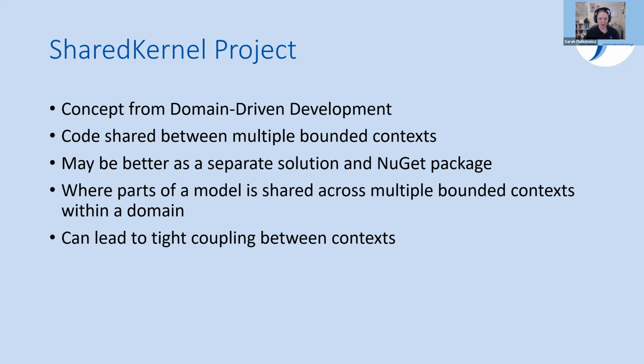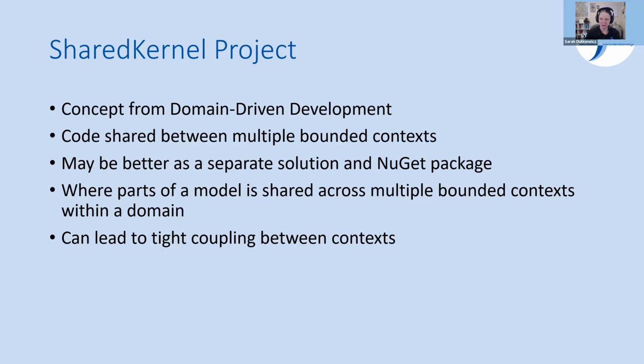Okay, the SharedKernel project is another concept from domain-driven development. And this is code that's shared between multiple, what they call bounded contexts. You may see it for your own code as it makes sense to keep it as a project. You may see that it gets really large and may actually be made up of several projects, in which case turn it into a NuGet package. So that's how the SharedKernel project is used.